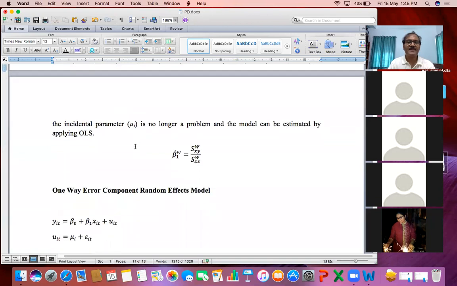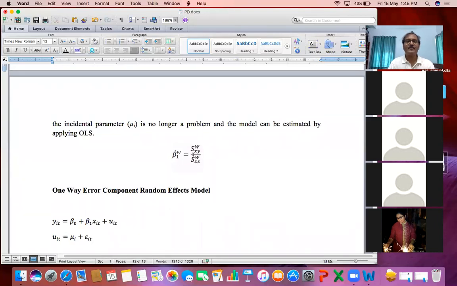So in this way, we have beta 1 hat equal to S_XY^W by S_XX^W. We have defined S_XY^W earlier. We have defined S_XX^W earlier.